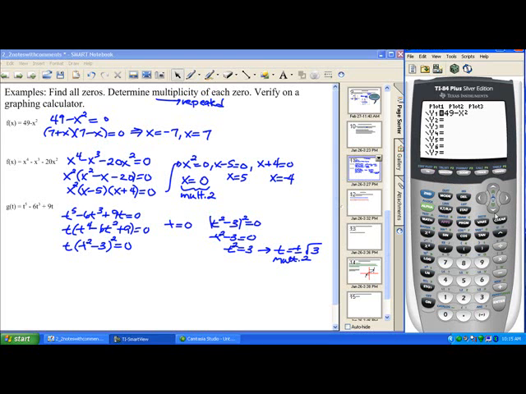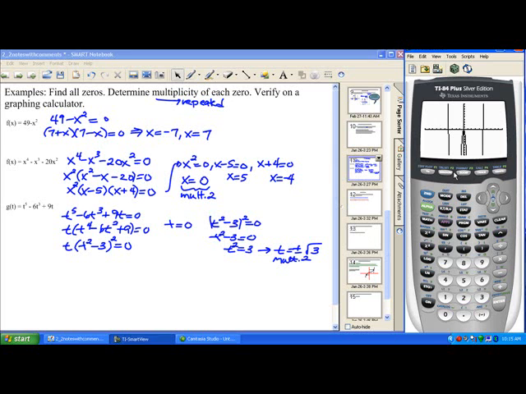Now let's enter the next function, which is x to the fourth minus x cubed minus 20x squared. Okay, and I'm going to press graph.